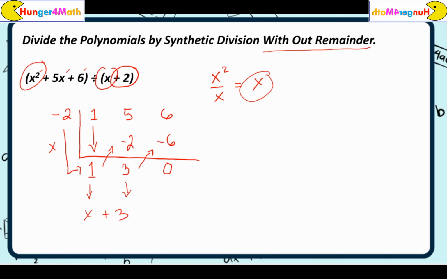And the powers should be descending as well, so from x to the power of 1, then the constant. So our answer is x plus 3. Another piece of information is that since the last number of our answer is 0, this means that x plus 2 is a factor of x squared plus 5x plus 6.